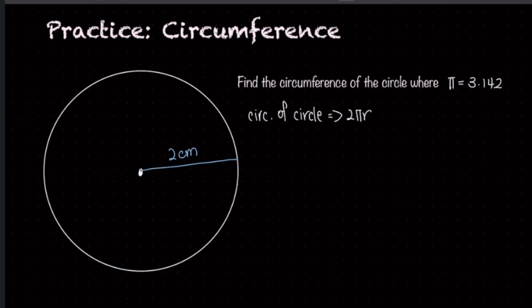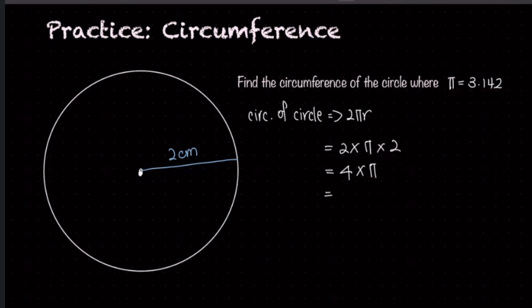So 2 pi r, we have 2 times pi times r, which is the radius. And we're going to use 2 times 2, 4. And now pi is here, this number here.